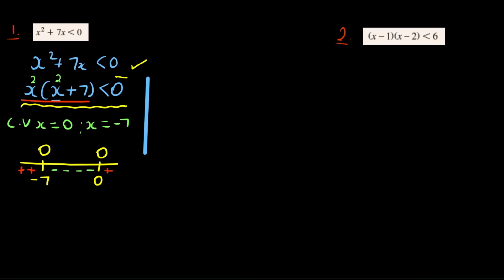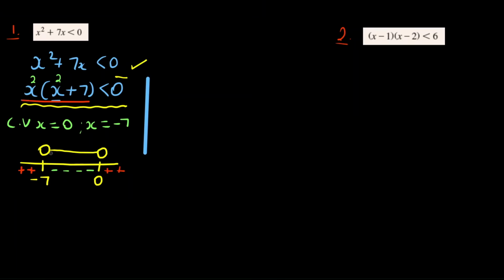So it means all the values on the right of 0 will be positive. So this whole activity using critical values and substituting values in this number line was helping us identify the area where this expression will be less than 0. And we see that it will be less than 0 between -7 and 0.